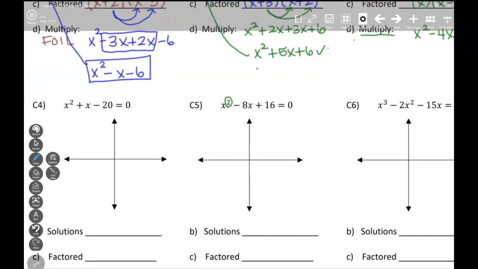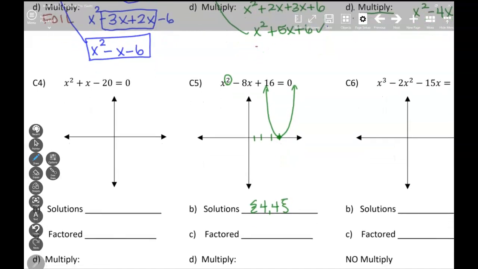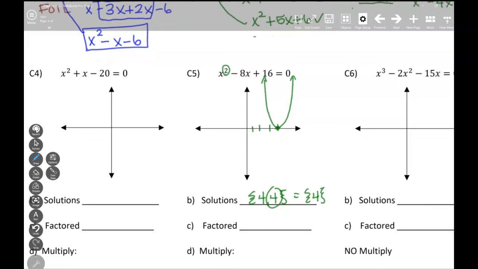However, with this one, since it only touches at positive 4, technically that means that that 4 repeats itself twice. So it's going to touch the x-axis and then go right back up. I'm okay if you just write in set notation just 4, but I need you to understand that the other answer is also 4, okay, in the near future.